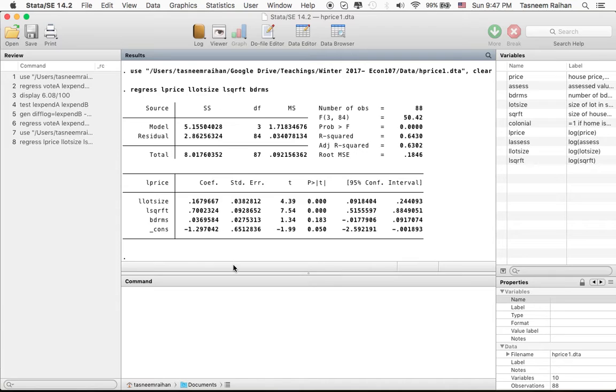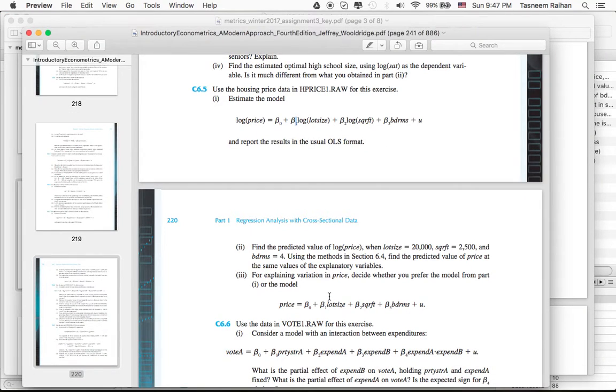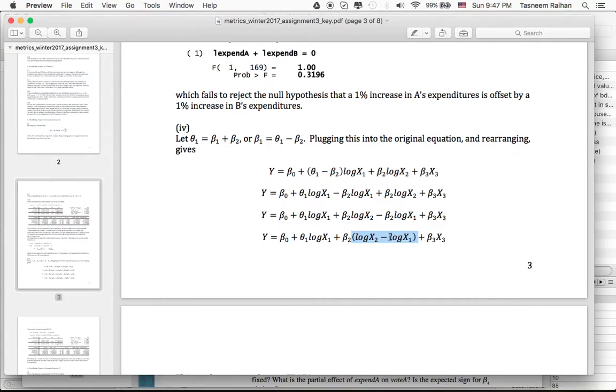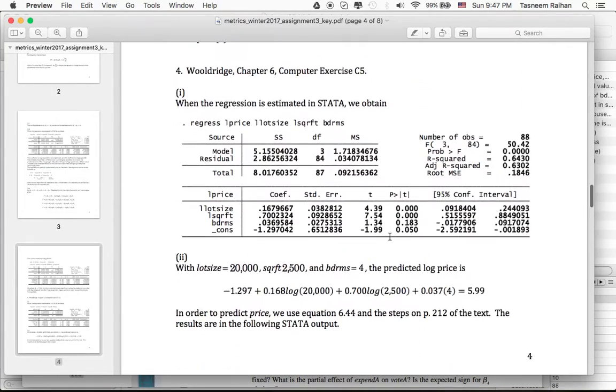So beta 1 is 0.16, beta 2 equals 0.700, beta 3 is 0.03, and the last one is a constant, which is beta naught. So I have them here.